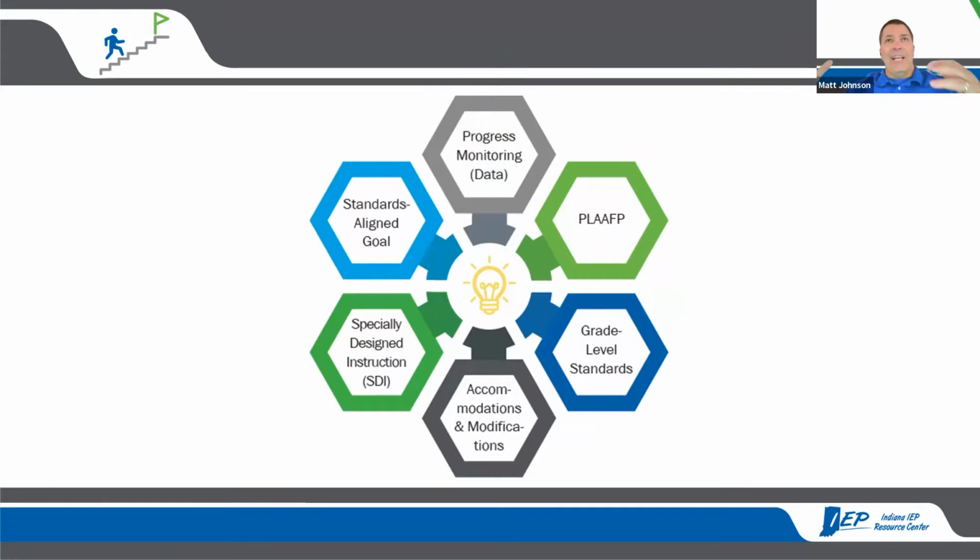As you look at an IEP, the better the information we have, the better goals, the better IEP we can develop. If we don't have good information, like for example when a student moves in maybe from out of state and we don't have much information on them, we're going to really struggle to write a good IEP and develop quality goals and services for a student that we don't know much about.